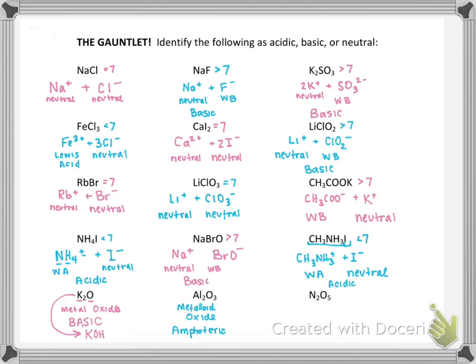And then here now we have a non-metal oxide. And these will be acidic. You can think this will eventually react with water to become HNO3, which we recognize as a strong acid. So it makes sense that they would be acidic.